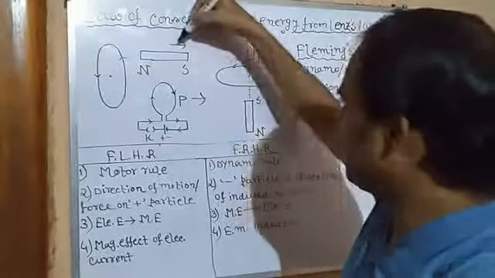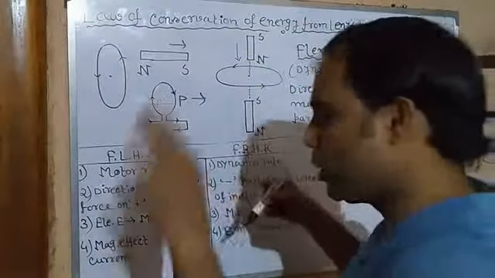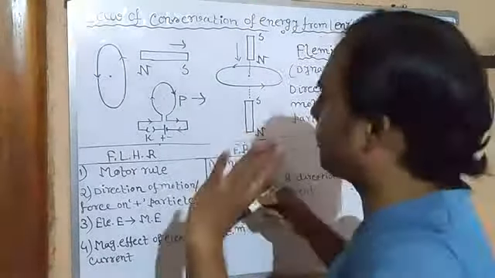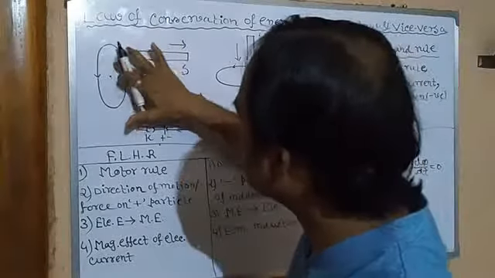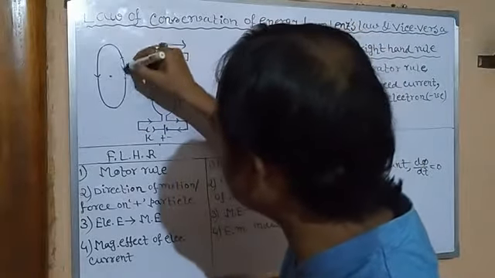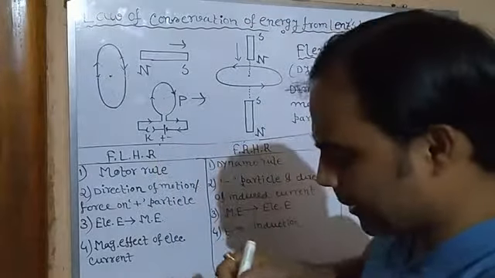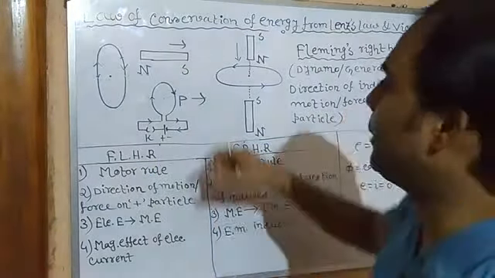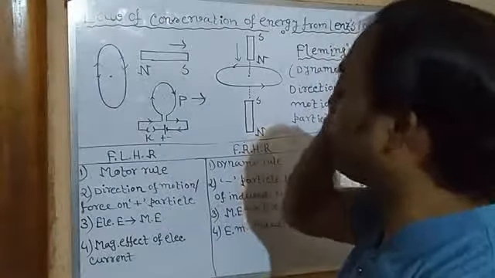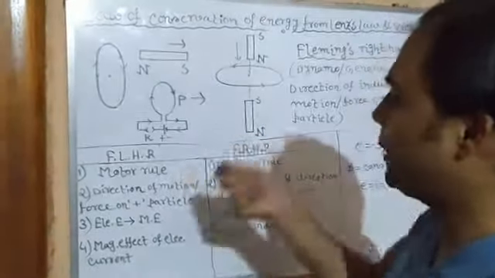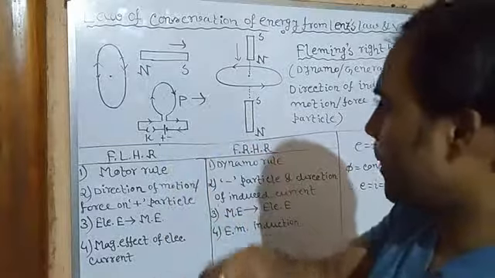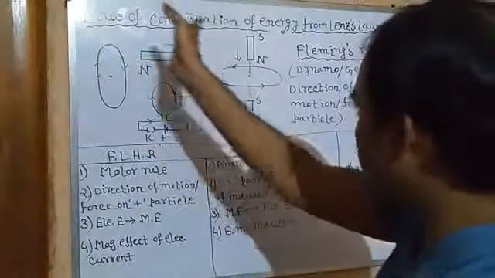Now in the second case, we move it away, or open the key and switch off the current. So in this case the direction will be opposite. So what will happen if we move away the magnet or the primary coil, or switch off the current by opening the key?